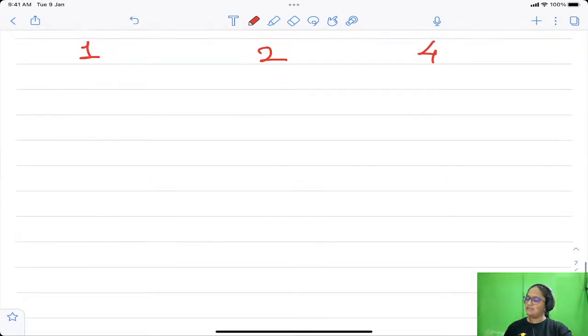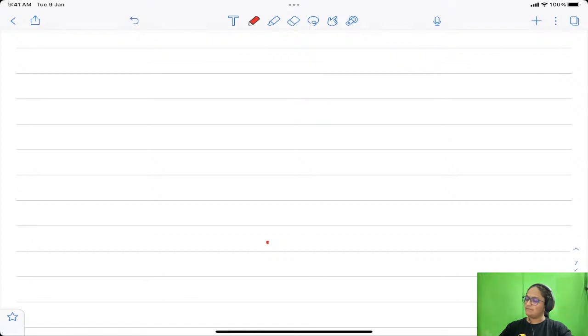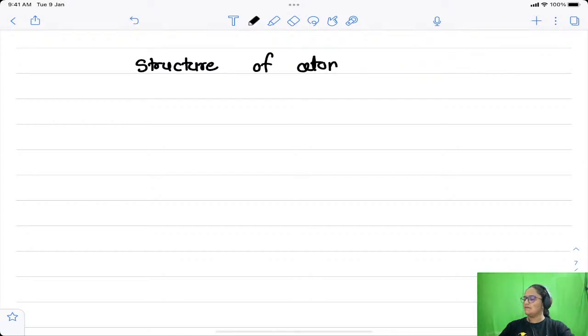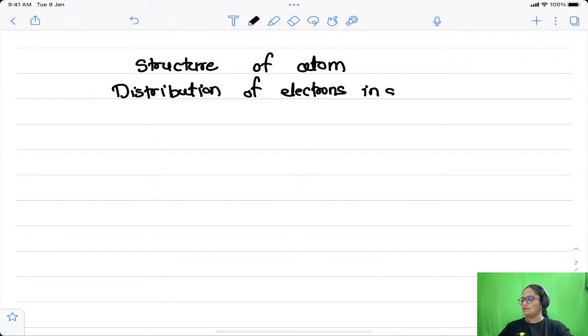So we have started discussing the chapter Structure of Atom, in which we have started discussing the distribution of electrons in shells.